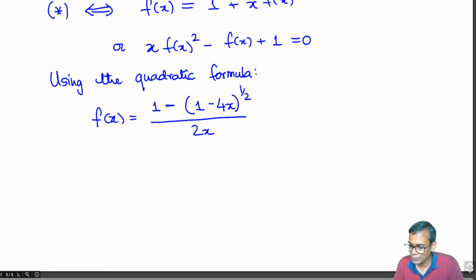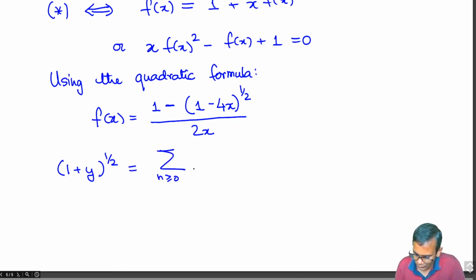And now we'll use the binomial expansion for 1 minus 4x to the power half. And you need to check this, but it turns out in the ring of formal power series, the square root of 1 plus y is given by this formula. It's just like the usual binomial formula, n choose k. Well, here it's half choose n, y to the n.